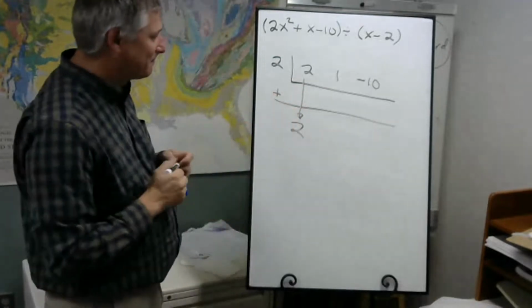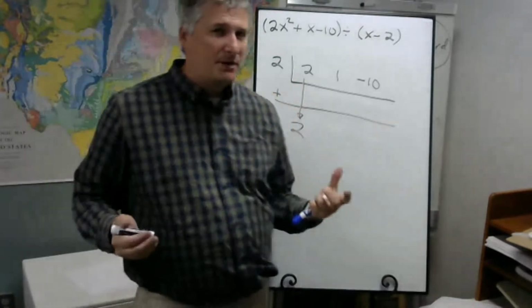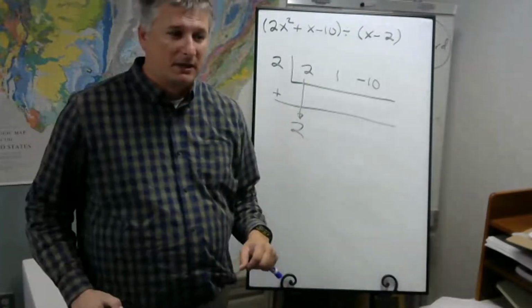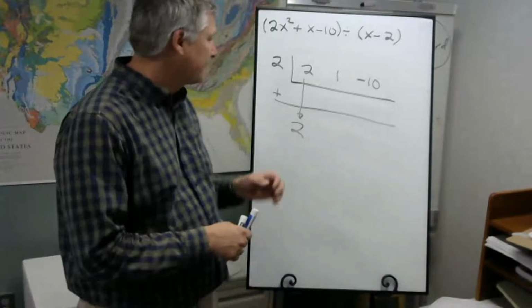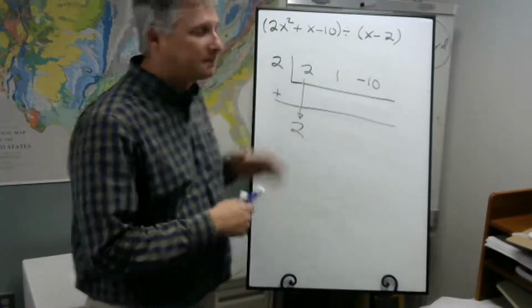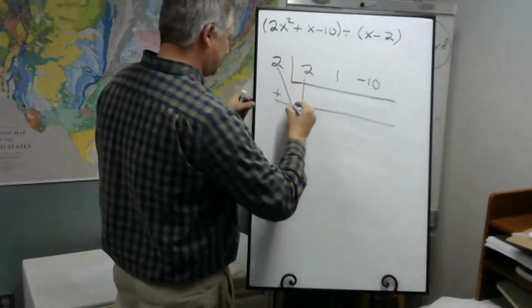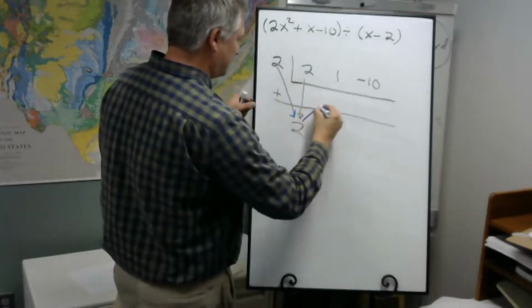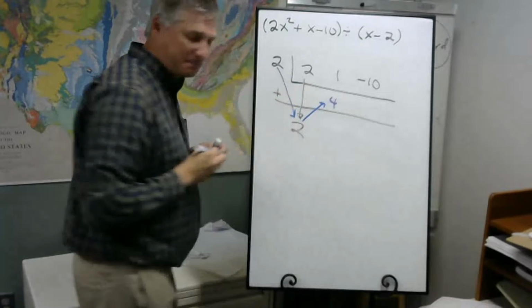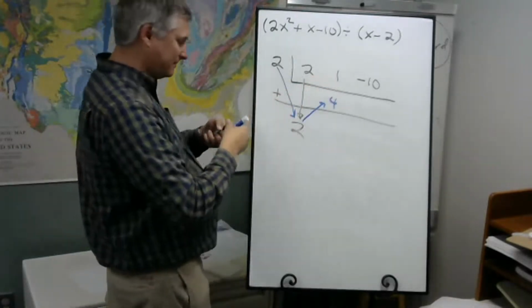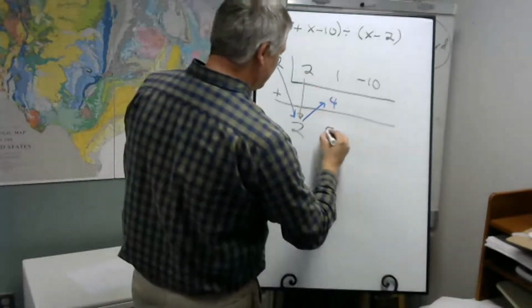Bring that down. So this is our setup for synthetic division. We set it up like this. Now we put it to work. This is going to do all the work. This times this gives us 4. We add 1 and 4, and we get 5.